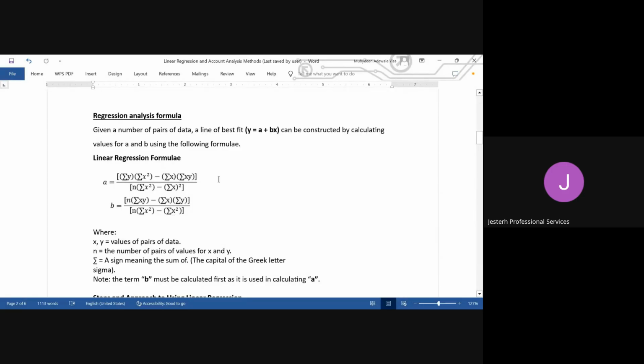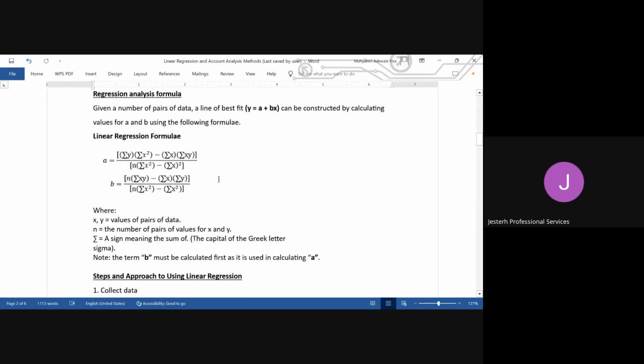Our y is equal to a plus bx, and that is what we are trying to break down here in regression analysis. As you can see from the formula, a is equal to the sum of y times the sum of x squared, minus the sum of x times the sum of xy, and then we divide by n times the sum of x squared minus the square of the sum of x.